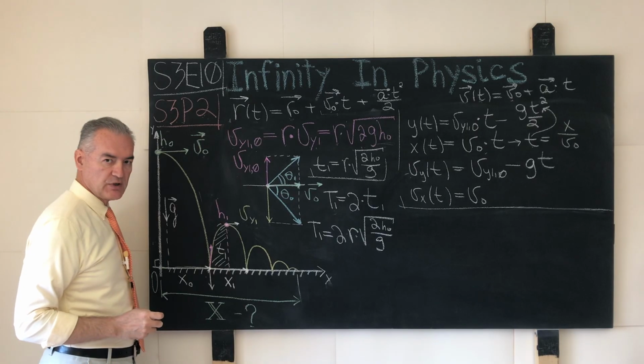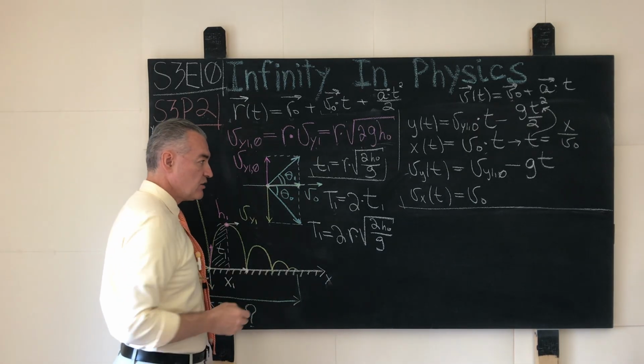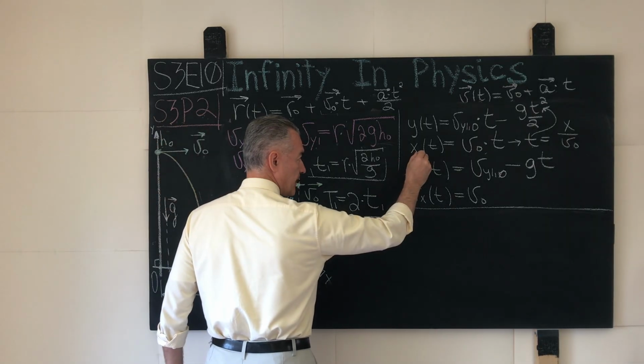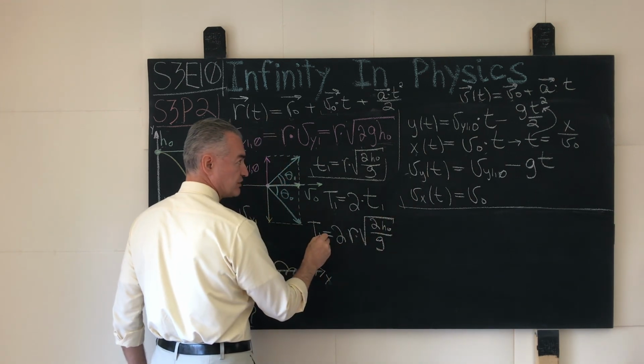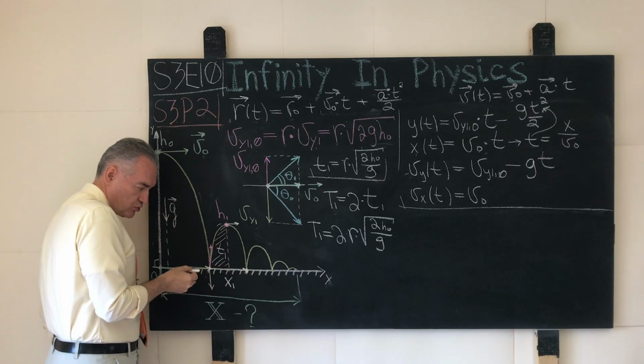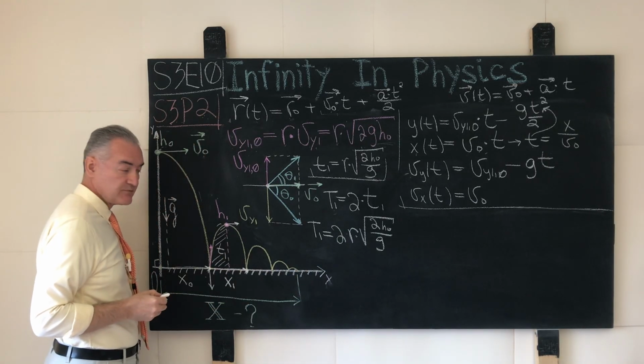That much should be clear. If you have any questions, the comment section is open. Be my guest. Now we instantly recover what? From this equation into this equation, we put this result because the velocity that in some sense controls the motion along the horizontal axis is known.